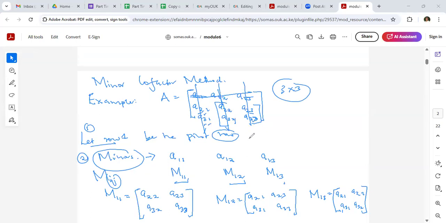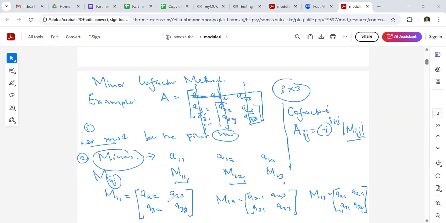And so then, after you've obtained the minors, the next step is whereby you obtain what we refer to as the cofactors. The cofactors would be denoted by capital Aij, which is -1 raised to the power i plus j multiplied by the determinant of Mij.